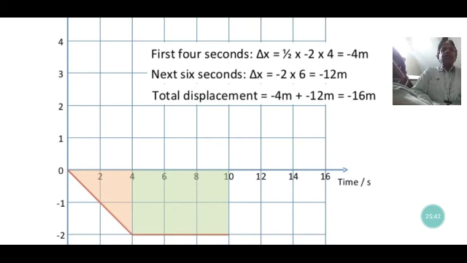Now, what is the area between the times 4 to 10 seconds? Here the velocity is constant, negative 2 meters per second.